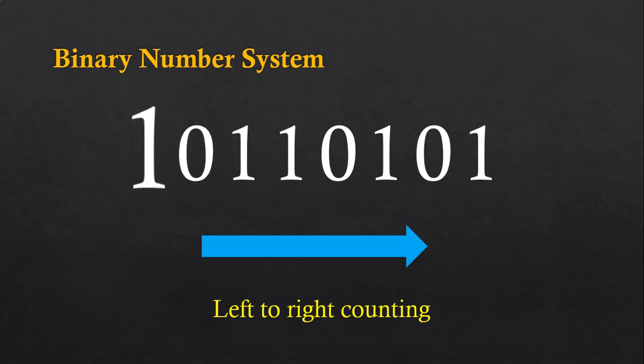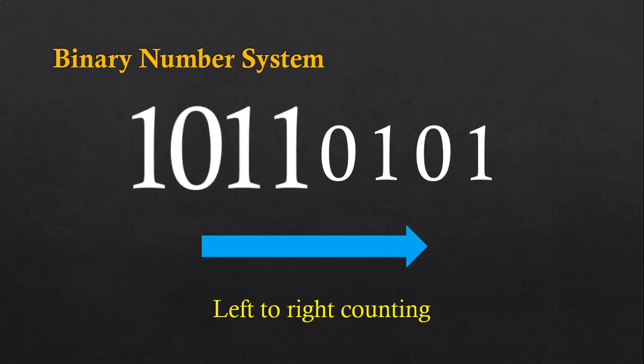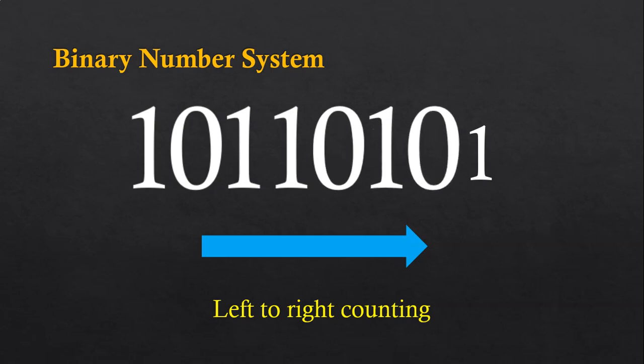Remember, this is MSB and this is second MSB, because we are going from left to right. So first digit was our MSB, and then second MSB, third MSB, fourth MSB, fifth MSB, sixth MSB, seventh MSB, and then LSB.